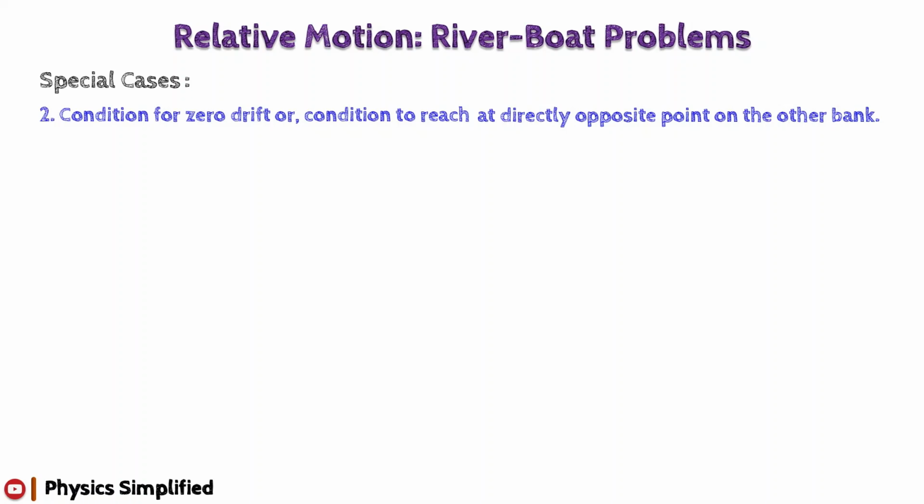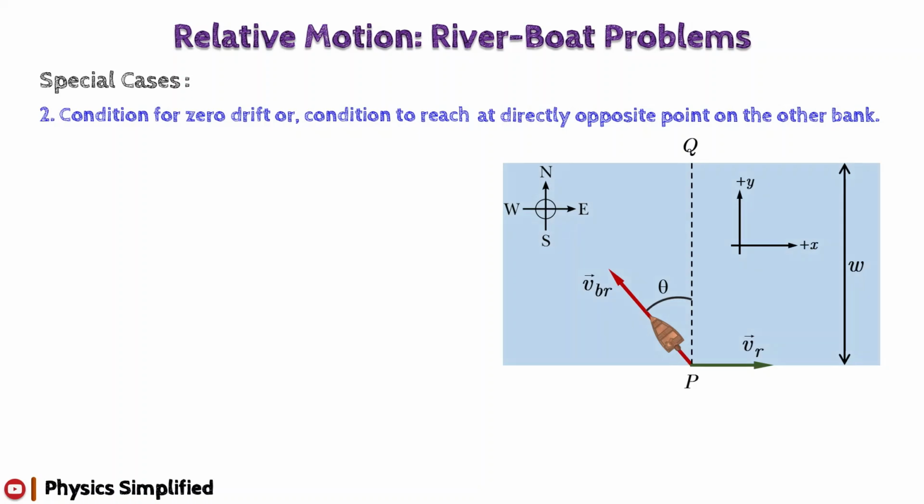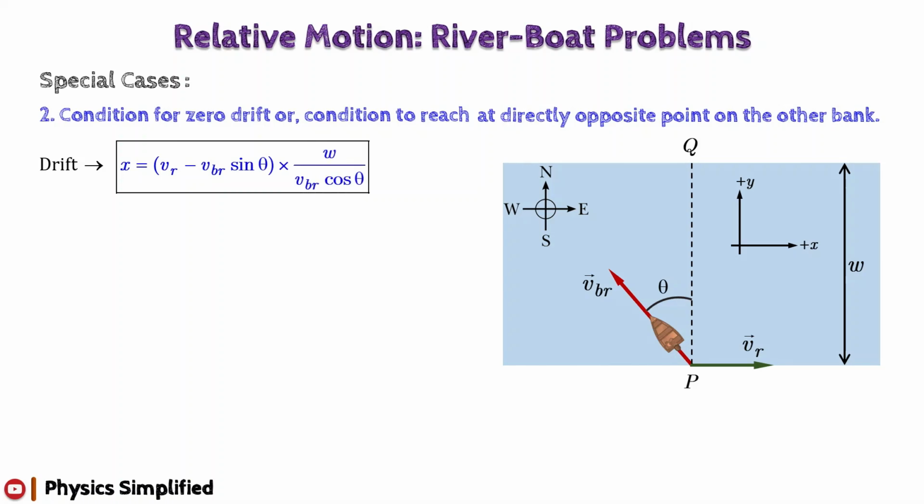To find this condition, let us first write the expression of drift of the boatman in the flowing river, which we have calculated earlier. It is given by x is equal to, within first bracket, v_r minus v_br sin theta, times w divided by v_br cos theta. Since the drift is 0, hence x must be equal to 0.